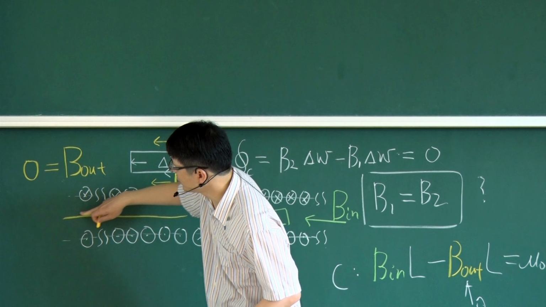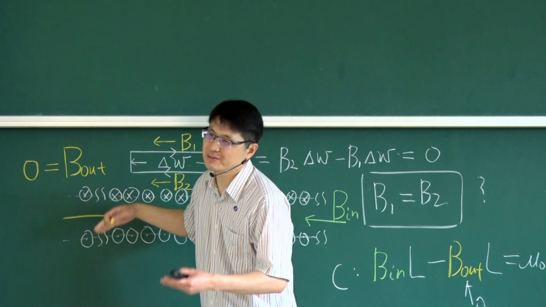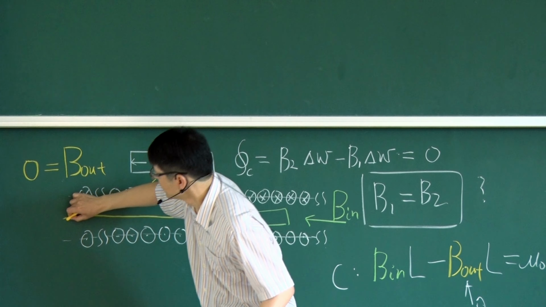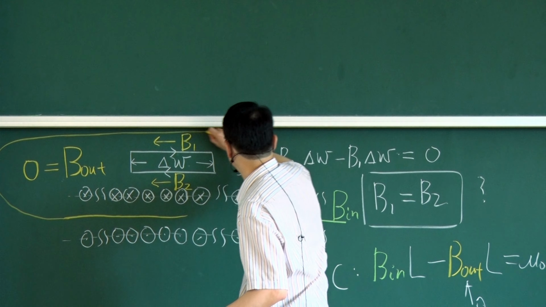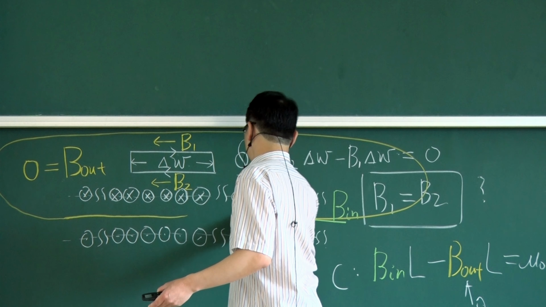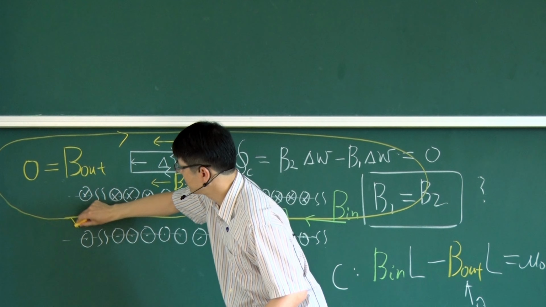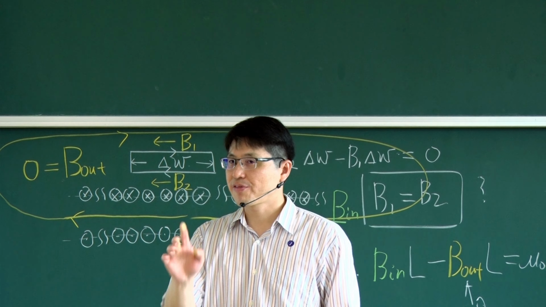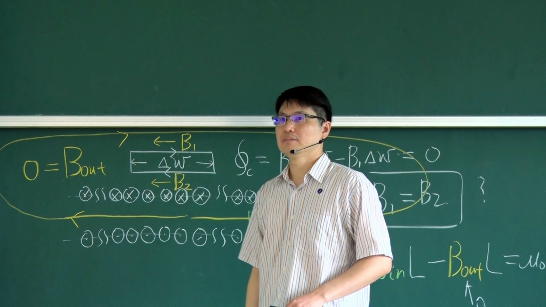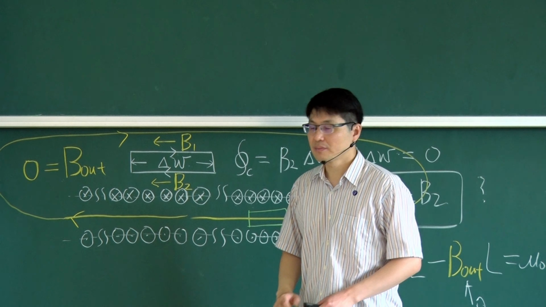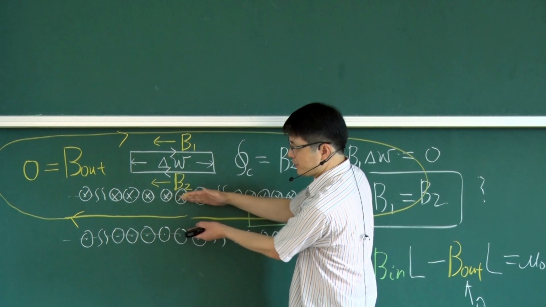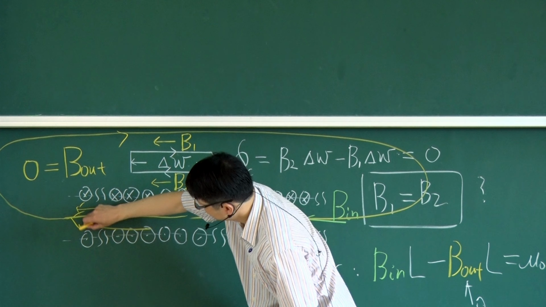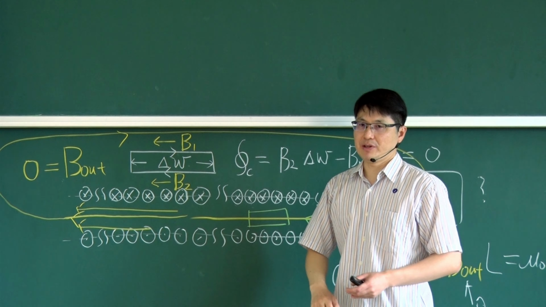But somehow, at a certain point, your solenoid has to end. So basically, your field line forms a closed loop, right? So think about it. This must be true. Inside the solenoid, you have a very constant B field.